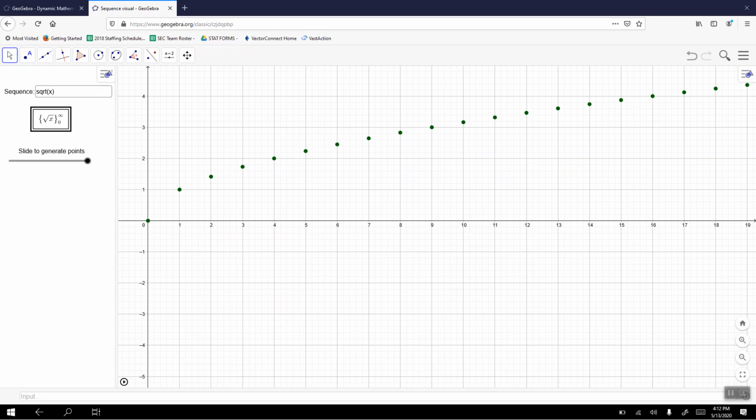All right, so you're going to see here that as your x values, or in this case, as your n values get large, right, n is equal to 9, well, the a sub n value is going to be 3. And as your n values get larger, so do your a sub n values. In other words, your outputs keep getting larger and larger and larger. There is no one value that these values would essentially plateau or stop at, which means this sequence does not converge. This is a divergent sequence.